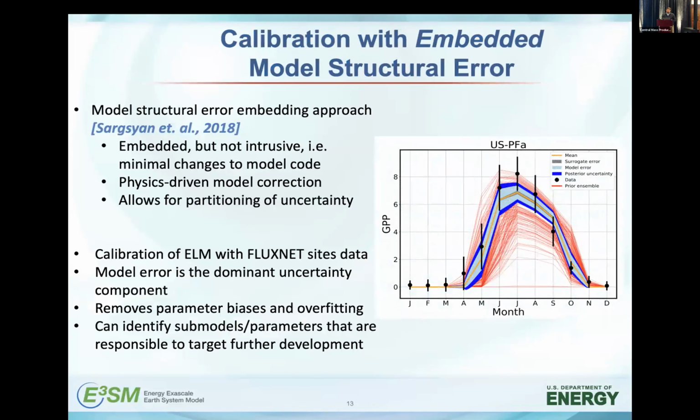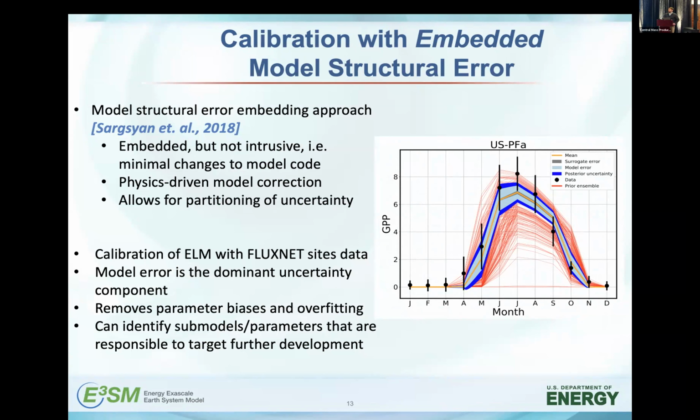We can also begin to bring in other aspects of uncertainty, and a big one is model structural error. The results I showed just before don't include this. My colleague Kachik Sargsyan is pioneering this approach where we can bring in estimation for model structural error by not requiring very many changes to the code, but instead altering the likelihood function in the calibration.